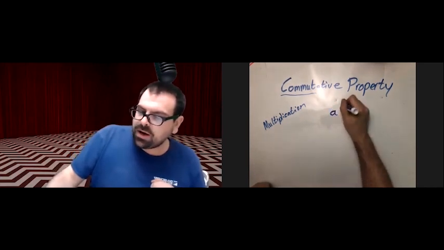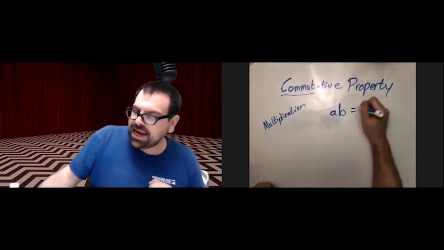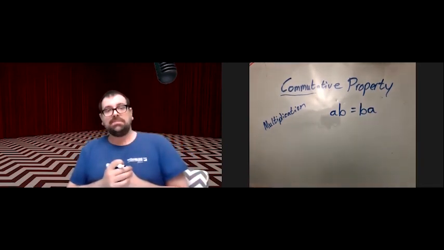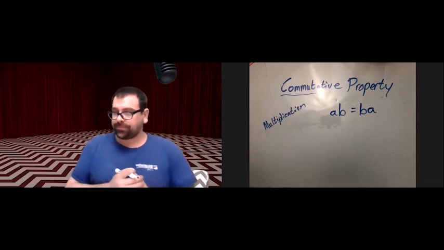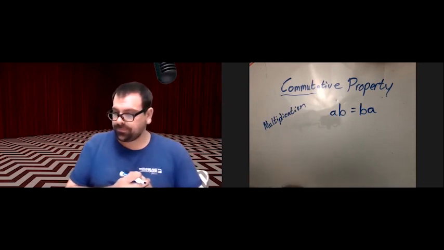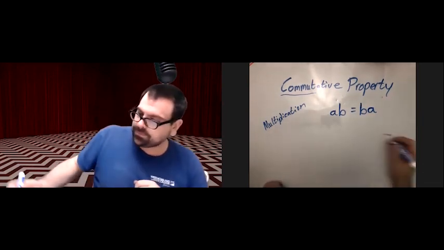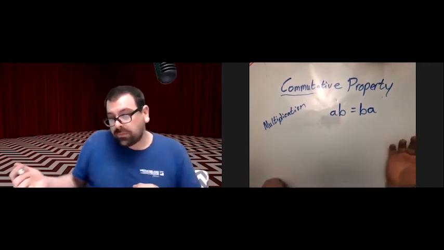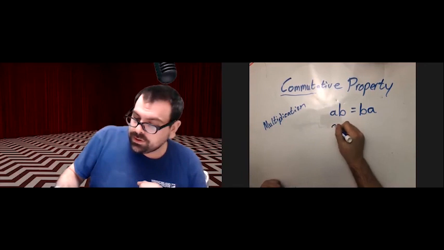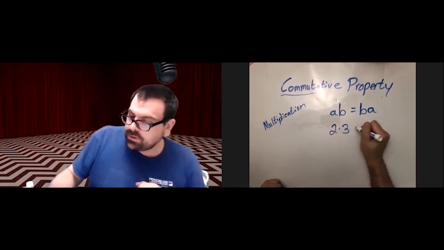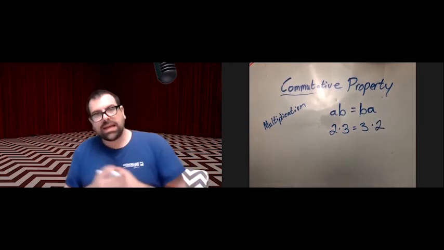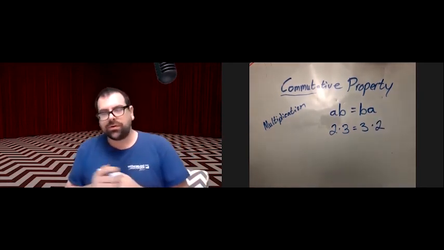The commutative property of multiplication says that A times B is the same as B times A. With numbers, we can easily see that this is true.